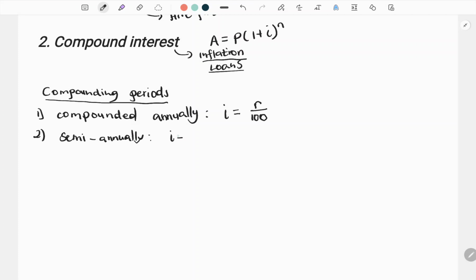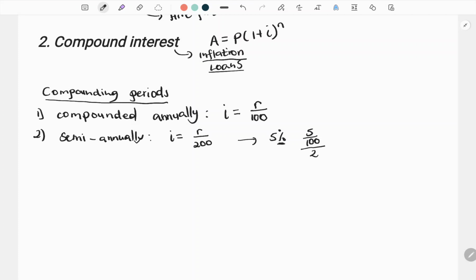it means your I is equal to R all over 200. Why am I using 200? For example, when you have 5% and they say compounded semi-annually, you're going to divide by 2. To avoid long processes, I say 5 over 100 because it's a percentage, divided by 2. You divide by 2 for semi-annually.